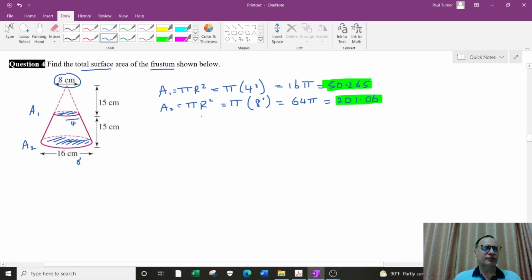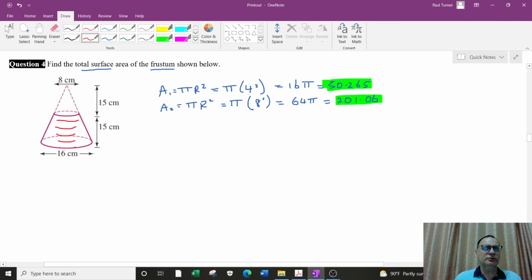Okay, so now we need to find this lateral area. Let's clean our picture. So what you need to find now is this surface here. What you should notice is that there are two cones here.